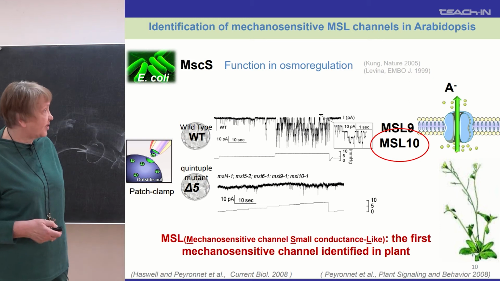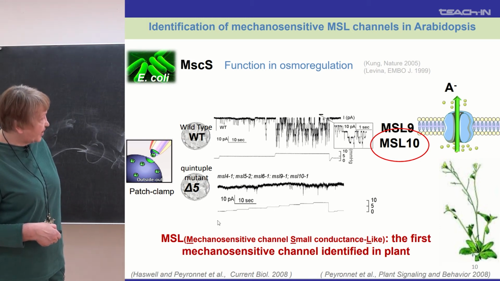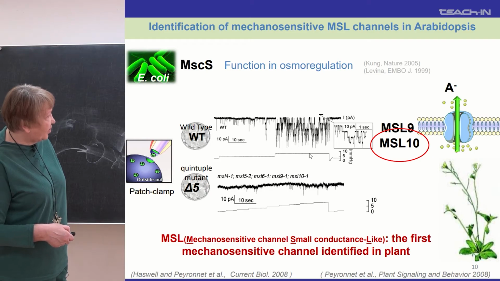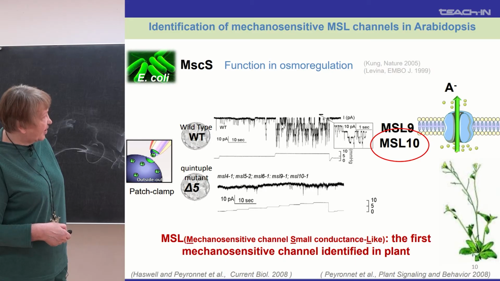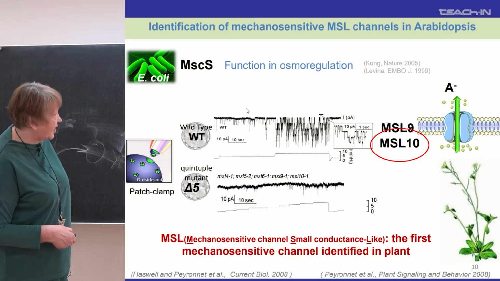So how they look at it, you can have patch clamp, and then when you apply pressure, you see there's 1, 2, 3, 4, 5 channels open when you apply pressure, and if you're not, it's just random opening of 1 or 2 channels.